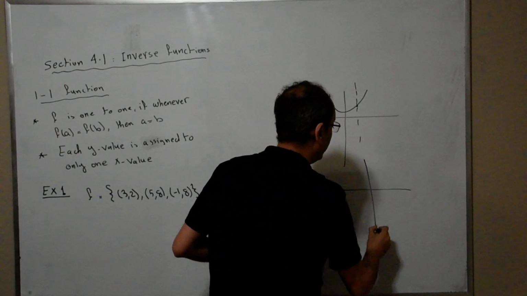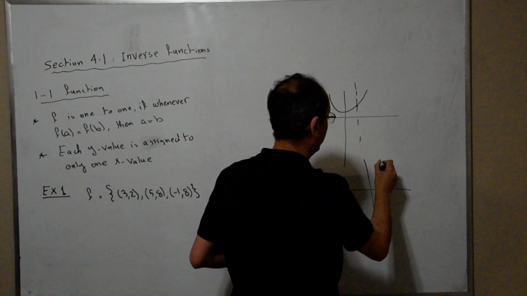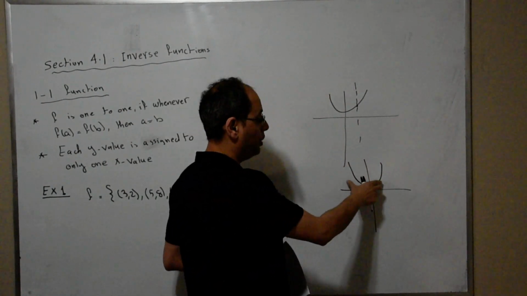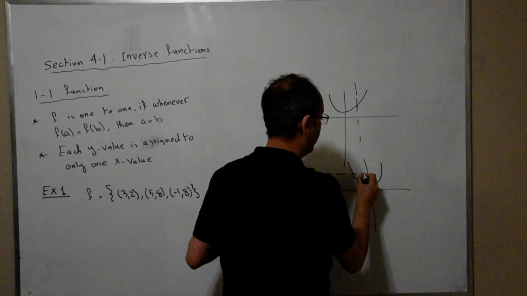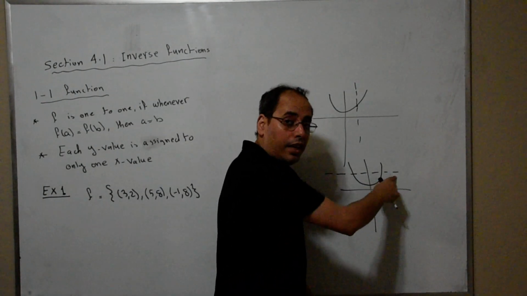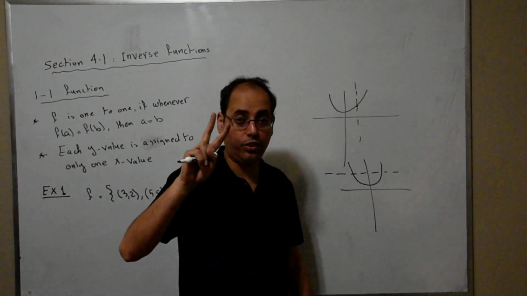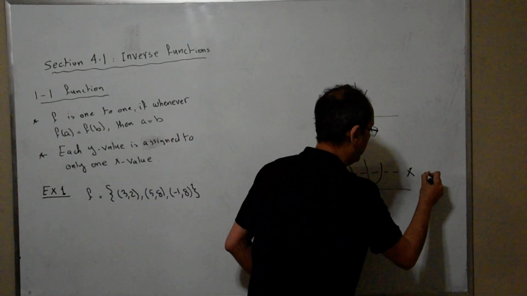For one-to-one, you don't use a vertical line but a horizontal line. We learned before that this is not a one-to-one function. If you use a horizontal line, you're going to find that it intersects the function in two points. So this is not one-to-one.